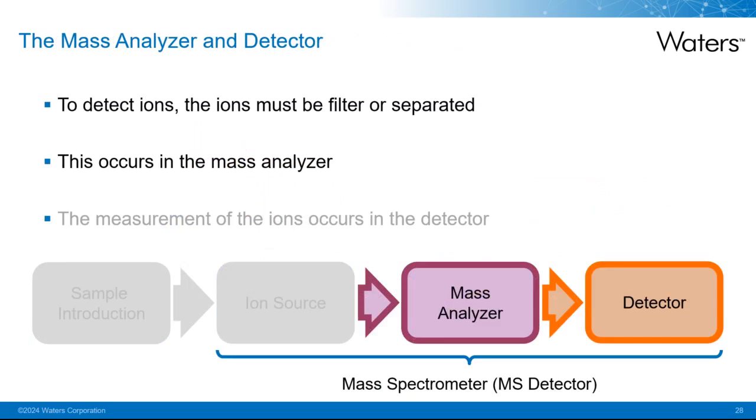So to detect the ions that we've created in the ion source, we need a method to separate them. This occurs in the mass analyzer. Once separated, we'll detect all our ions and determine their mass-to-charge ratio based on that measurement.